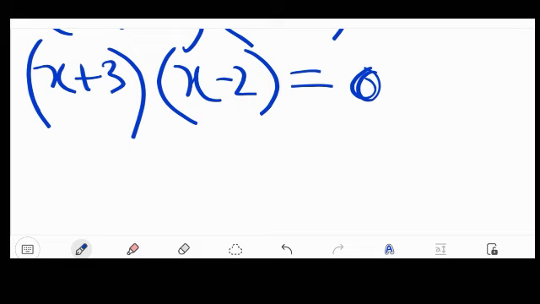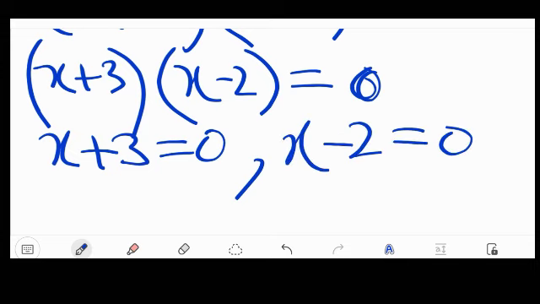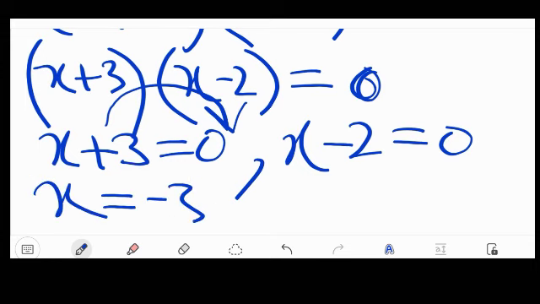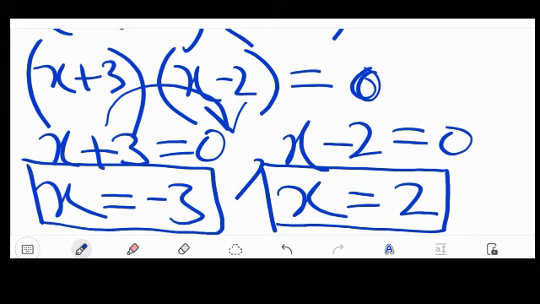So the result you will have is x plus 3 is equal to 0, then x minus 2 is equal to 0. So plus 3 will go to the other side, it will become x is equal to minus 3 and x is equal to plus 2. These two are called the roots of the quadratic equation or the solution of the quadratic equation.